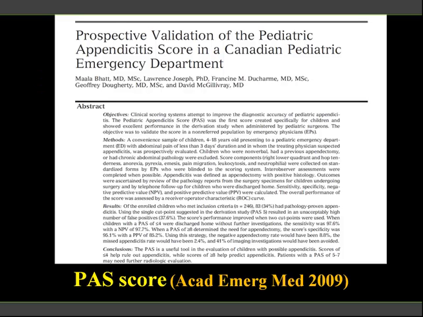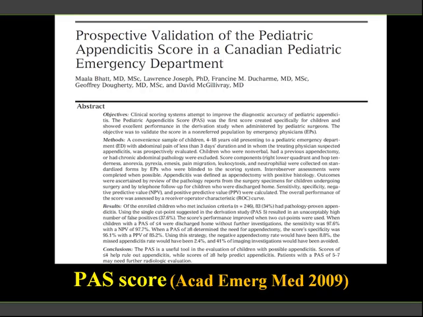Now, what we can do in order to reduce the use of CT, we can do a pediatric appendicitis score, which is a clinical a priori test that determines the pre-test probability of appendicitis, and it has been validated now in many large academic medical centers. So some cases are so obvious that surgeons are confident to operate them without any imaging.